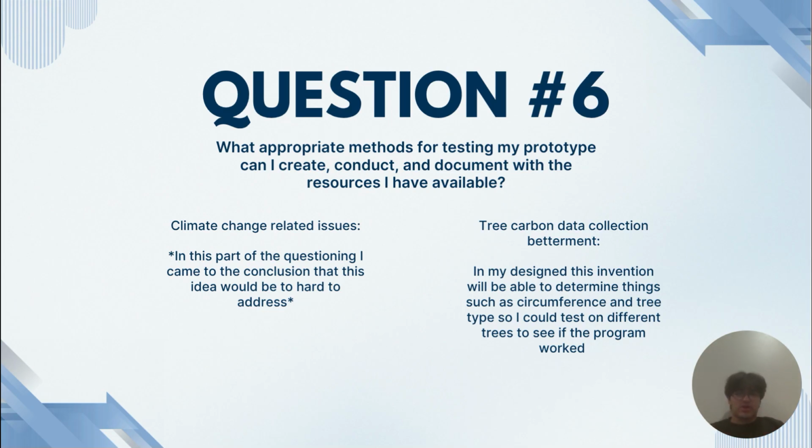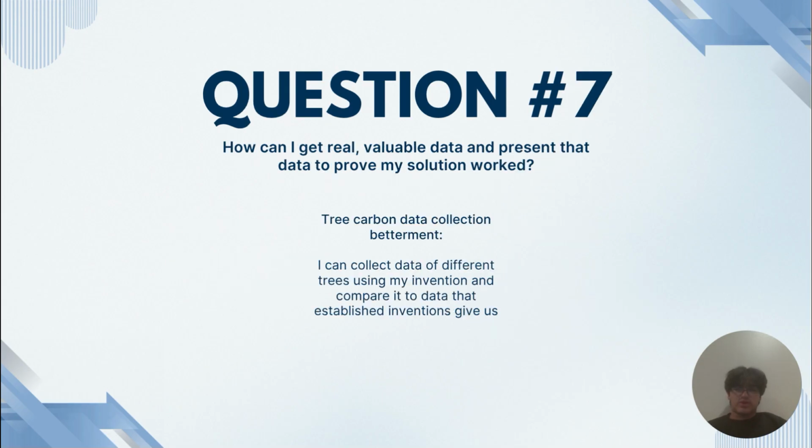And for tree carbon data, in my design, this invention will be able to determine things such as circumference, tree type, and also tree height. So I can go out and find some random tree and test it, and I can compare it to other already known sources to see if my data is correct.